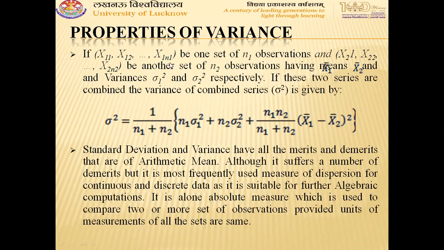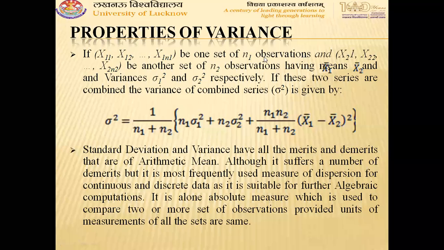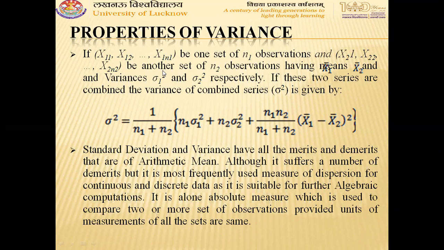And if x11, x12, ..., x1n1 is one set of observations having n1 observations, mean x1 bar and variance sigma 1 square, and x21, x22, and so on up to x2n2 is another set of n2 observations with mean x2 bar and variance sigma 2 square, then if the two series are combined into one, that is, we get n1 plus n2 observations, the variance of the combined series would be sigma square is equal to 1 upon n1 plus n2, into n1 sigma 1 square plus n2 sigma 2 square plus n1 n2 upon n1 plus n2 into (x1 bar minus x2 bar) whole square.